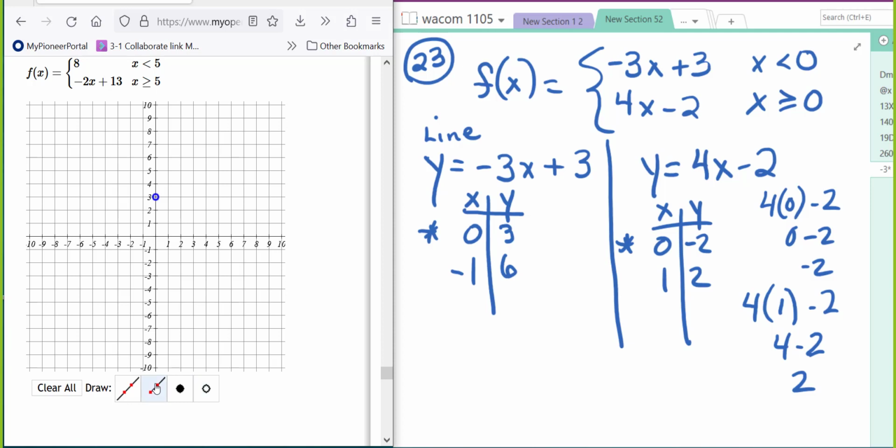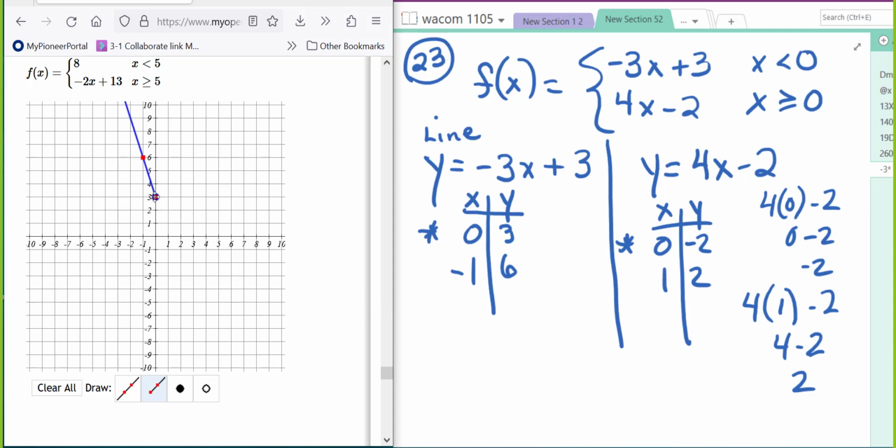So we'll click that button because the line's not going to extend forever, right? So it's a ray instead. And we have to click on this point again, and that's the tricky piece, right? So we're going to start from there, and then our second point on it is going to be -1, 6. Click, and that will make our graph.